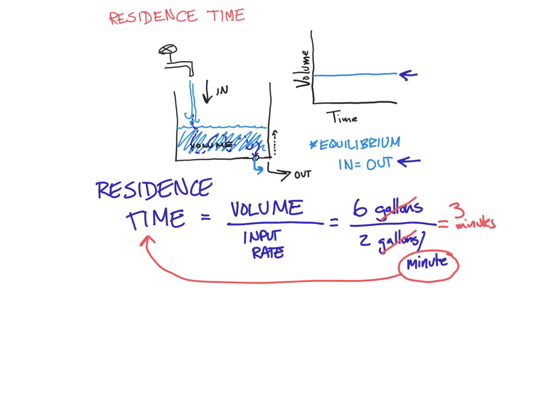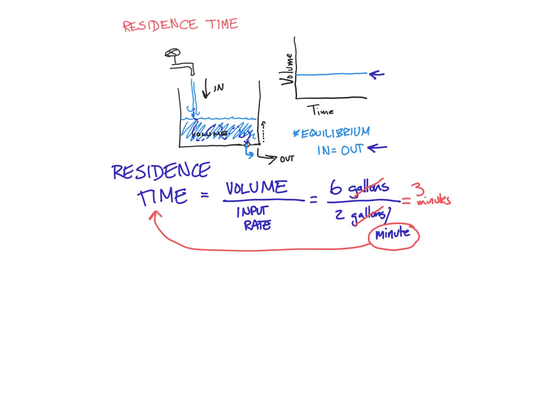Okay, let's think about this as a slightly different example, and then we'll look at how this plays out in the real world. We can also think about this in terms of your bank account.